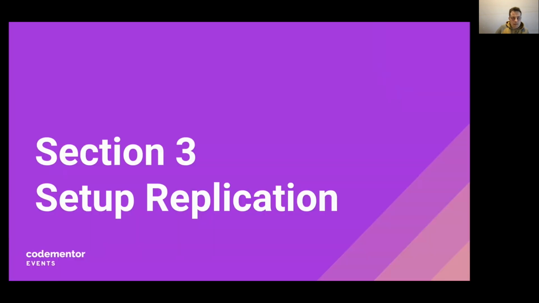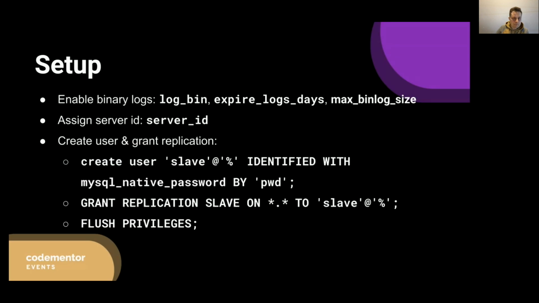Okay, let's see how to configure replication in MySQL. It's relatively simple. There are several steps you should do. First one, you should enable binary logs and configure them. So you should set log bin to 1 or to true.